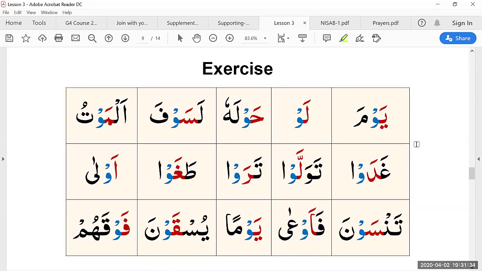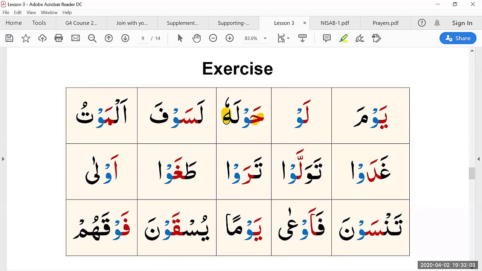Walaikum assalam. So I just went over the rule for vaw leen. So I would like to request you to go through this exercise. Bismillahir Rahmanir Rahim. Yawma. Law. Hawlahu. Okay.